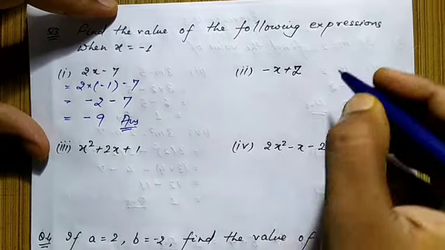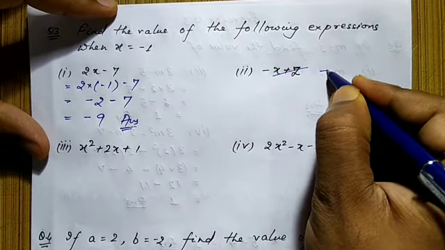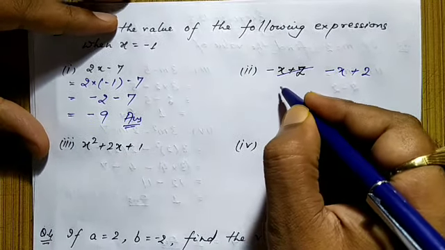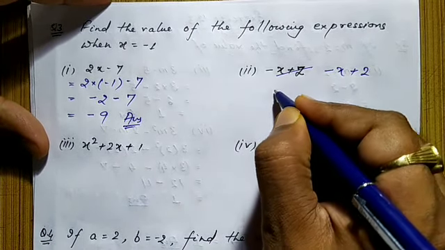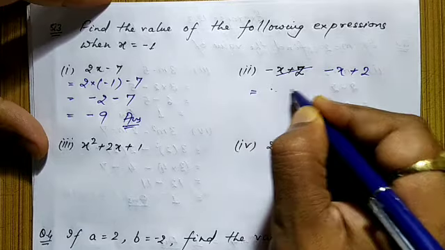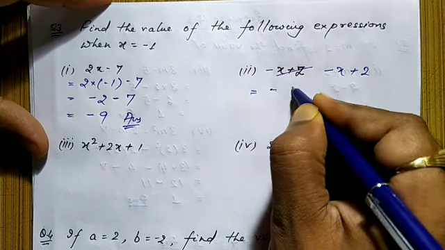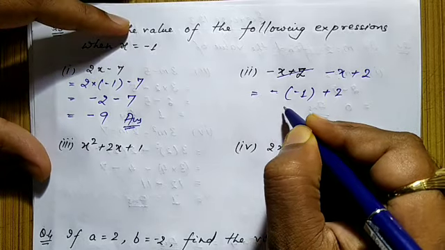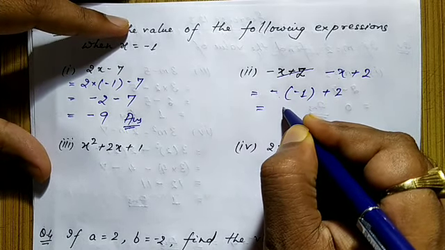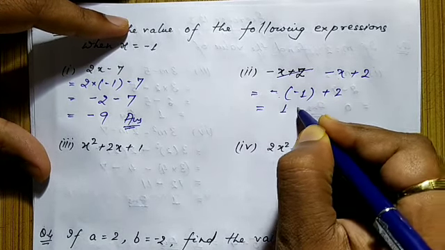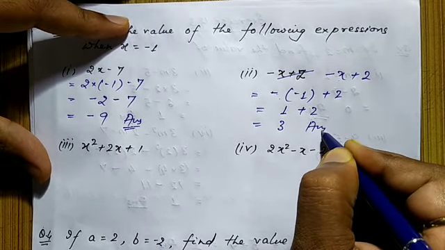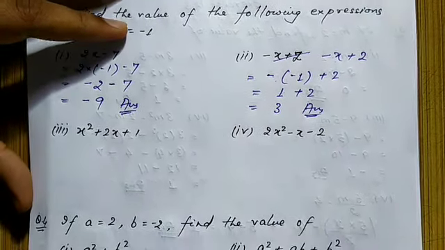Okay, this is minus x plus 2. Here value of x, that is minus 1, minus minus 1 plus 2, means 1 plus 2, 3. So the answer is 3.